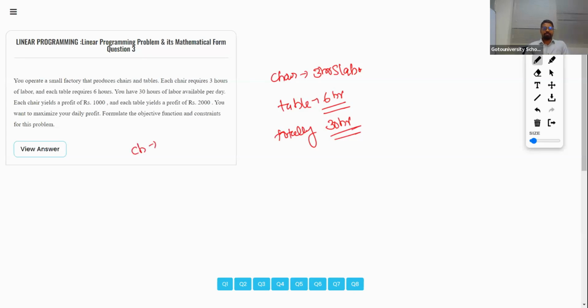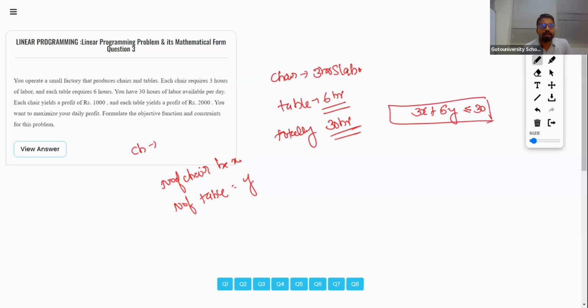Each chair yields a profit of 1,000. So let us assume the number of chairs be the variable x, and the number of tables be y. So the first constraint I can have is 3x plus 6y should be less than or equal to 30. That's the constraint we have. You want to maximize your daily profit.